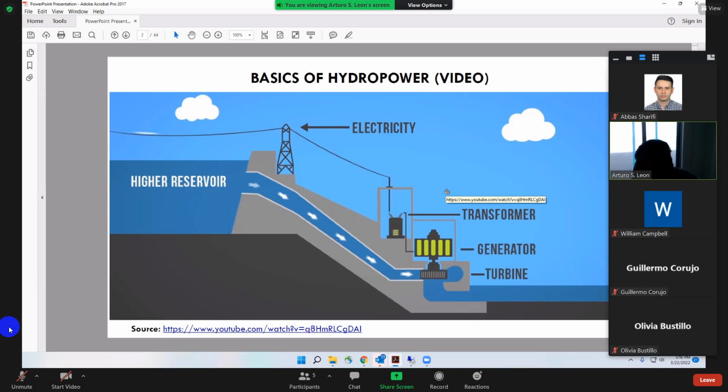So there are many benefits of dams. I totally agree there are a lot of environmental impacts, but I would say that the benefits can be very significant compared to the environmental impacts.